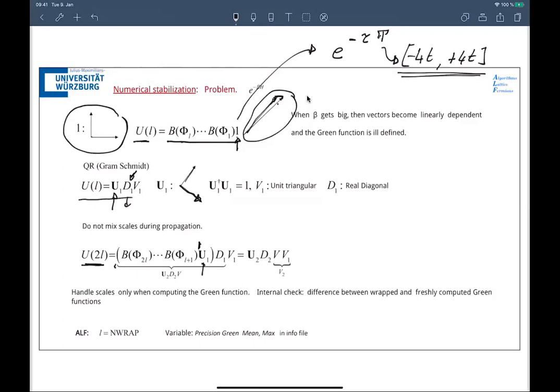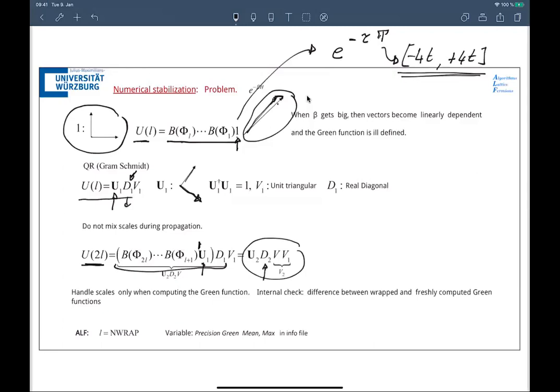Out of these two things, I can do again a UDV decomposition and build up something systematically like this. That's a way of systematically separating the scales.